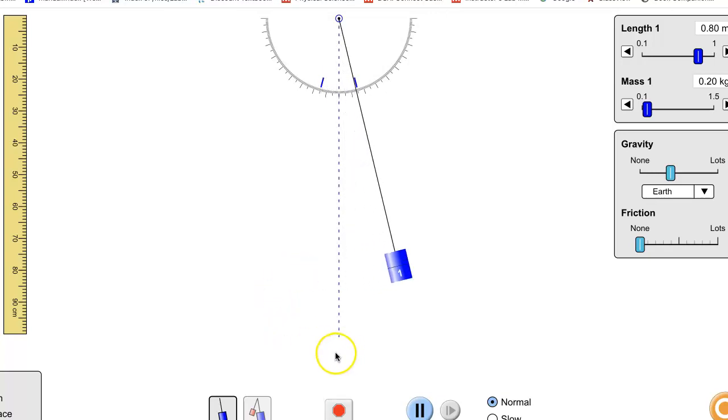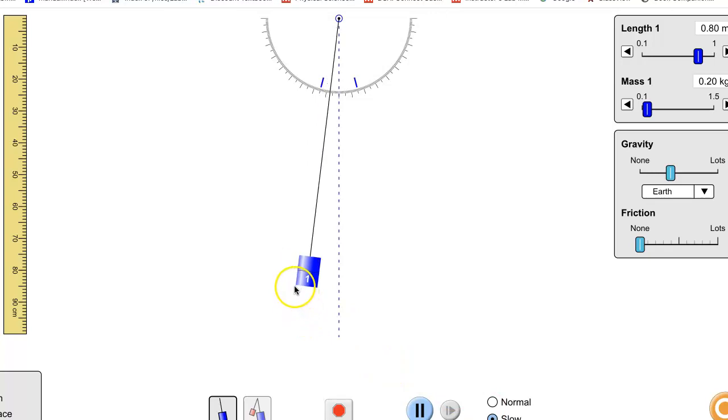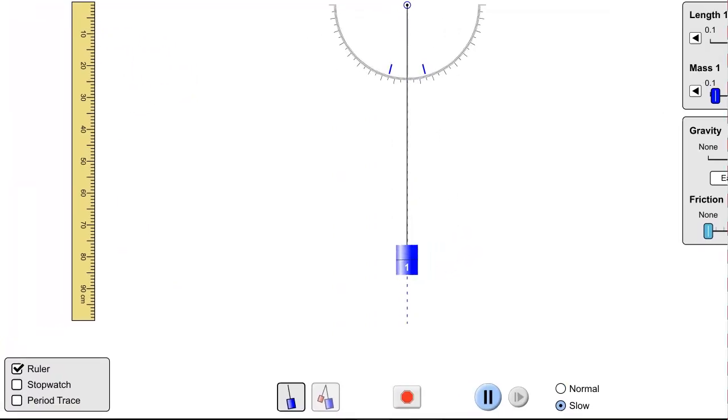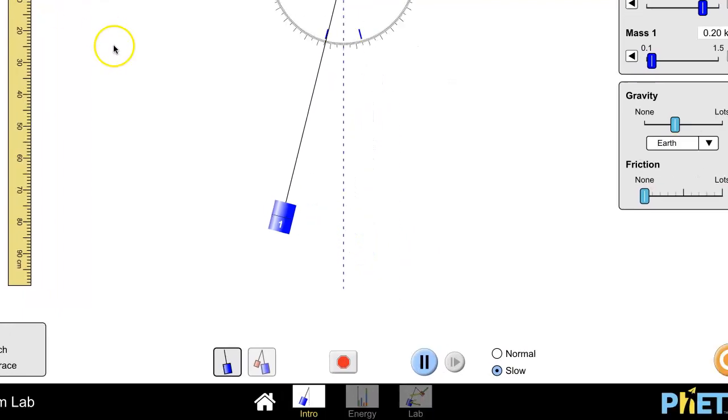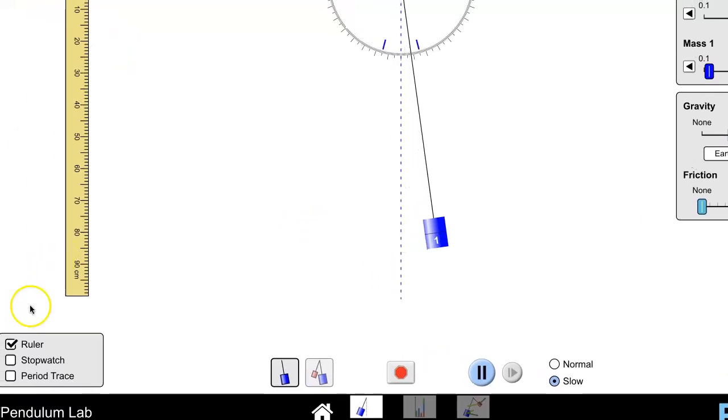But I want to make it slow here, so that I will be able to say, and you can start your stopwatch. Let me show you. There is a stopwatch here, or you can start the stopwatch from your phone. You can start by saying, okay, let me start from here.